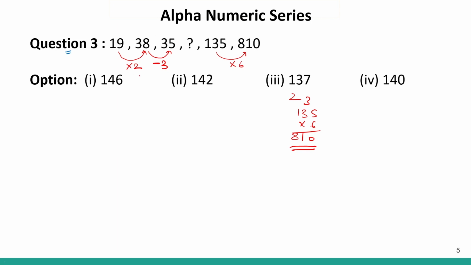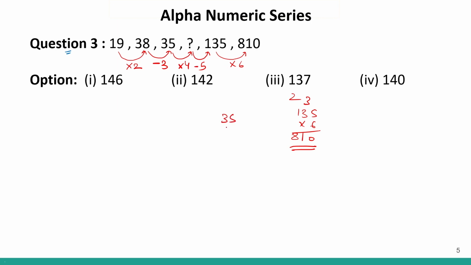So now I can see a series 2, 3, 6. Correct? So maybe we have two terms here, 4 and 5. And if I look at the operations, we have multiplication, subtraction, multiplication. So maybe it is alternating. Correct? So multiplication, subtraction, then multiplication, and then subtraction, and then again multiplication. So let us check.